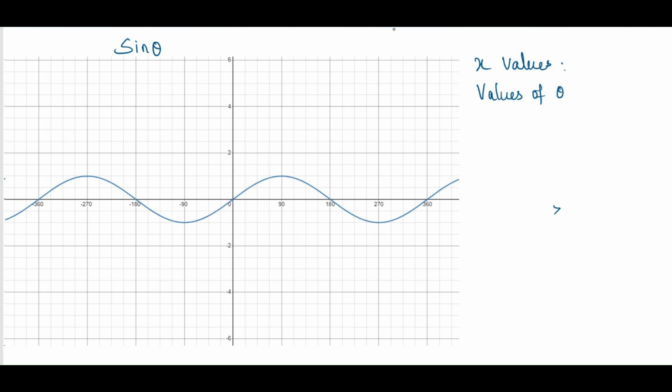So it's every value of theta. And the y values are every output for your corresponding value of theta. And notice how it remains between 1 and -1. This is important to remember.